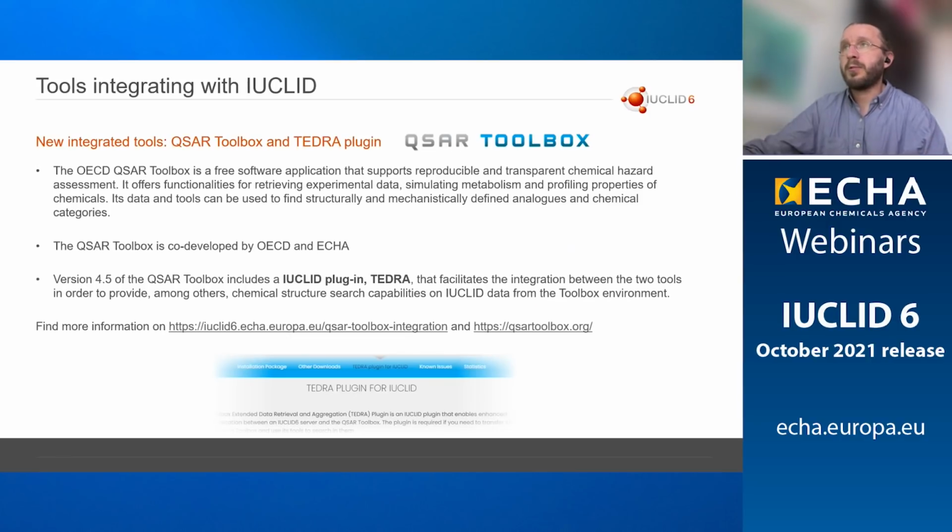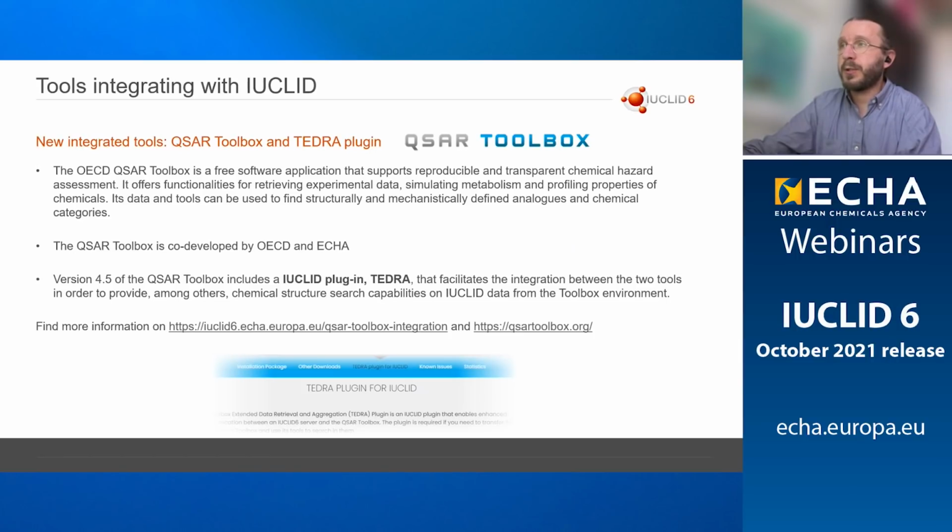A newcomer also in the list of tools that are integrating with Euclid. There used to be also a way to integrate between the QCL Toolbox and Euclid, but a new way has been provided since the latest version of the QCL Toolbox released in September.